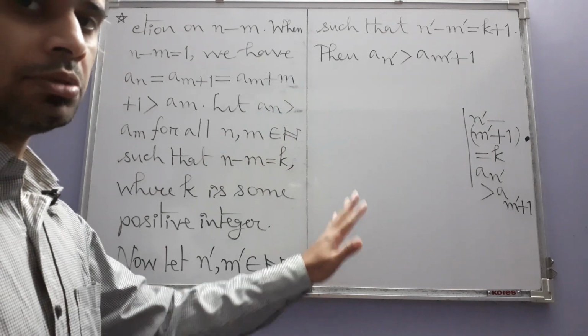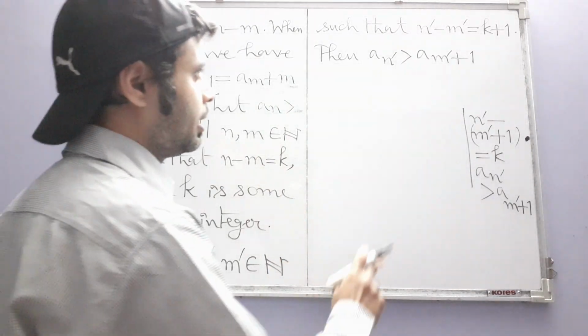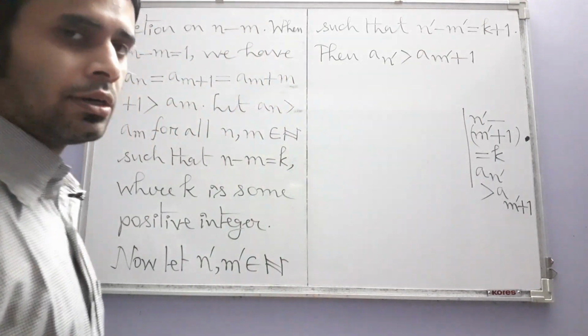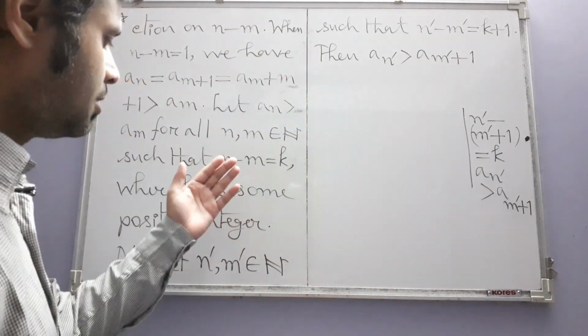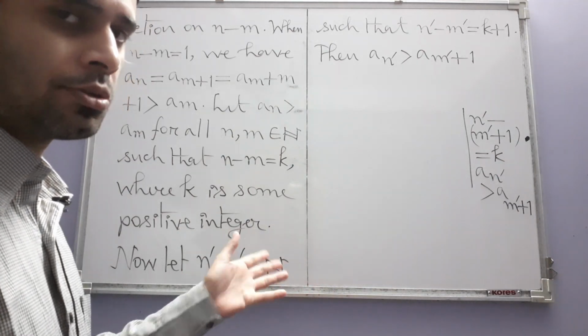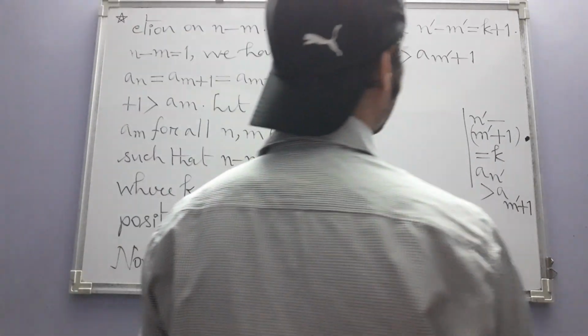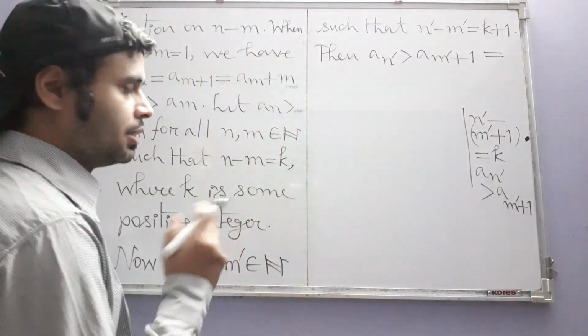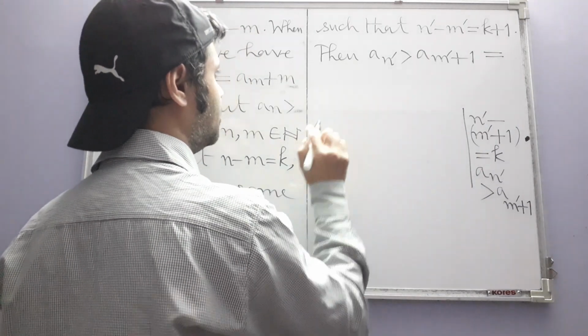Every step should be logical and rigorous. Is m prime plus 1 a natural number? Yes, it is, because m prime itself is a natural number. So adding 1 will in fact also make it a natural number. Okay, now we can use our definition that we have in the recursive definition.